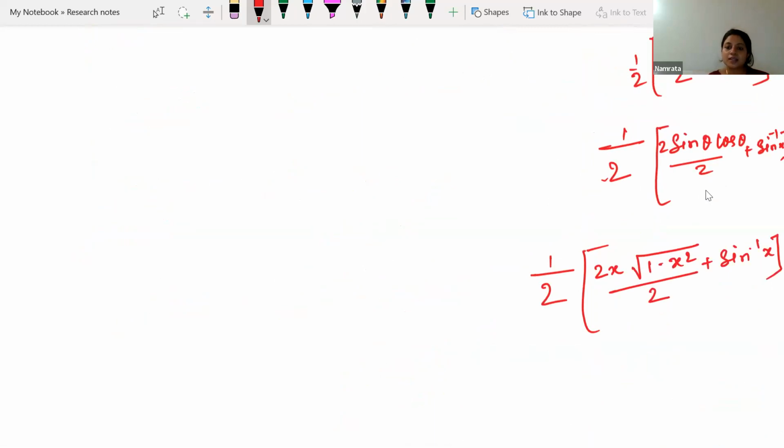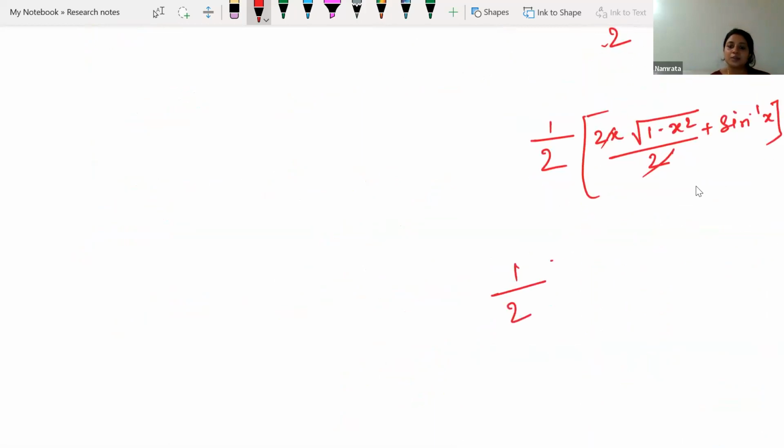Okay, 2 and 2 will cancel out each other, and we are having 1 by 2 x under root 1 minus x square plus sine inverse x.